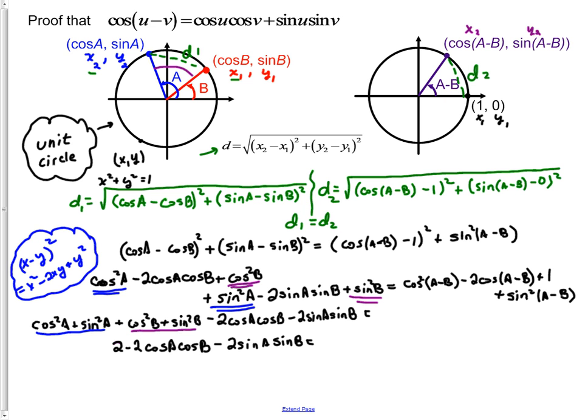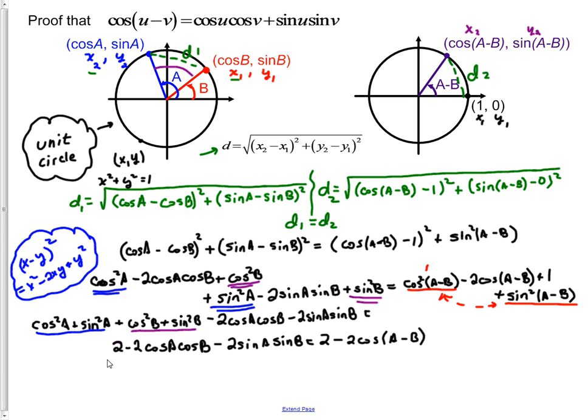Now we look at this right-hand side over here and check this out. We have cosine squared of A minus B plus sine squared of A minus B. And you know what that means. Adding these two quantities together will give us 1. So if we rewrite our right-hand side, we have 2 minus 2 cosine of A minus B. All right, a little bit of algebra time.